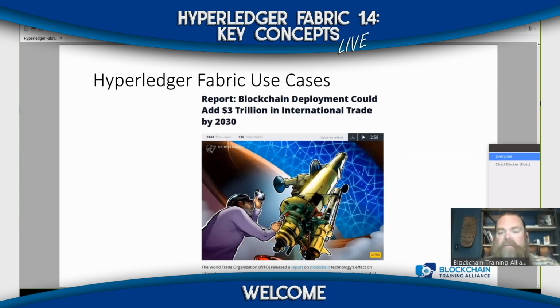To put that into perspective, $3 trillion is about the annual GDP of the entire country of Germany. So we're talking about adding the entire economy of Germany in additional trade and commerce over the next 10 years, just because of the effects of one technological platform or suite of technologies. That to me is very, very profound.